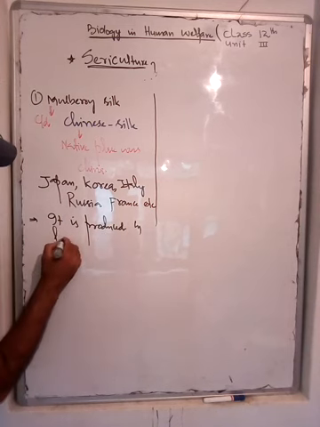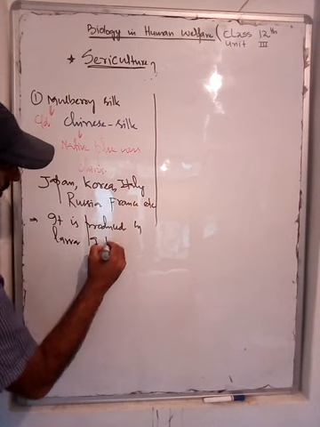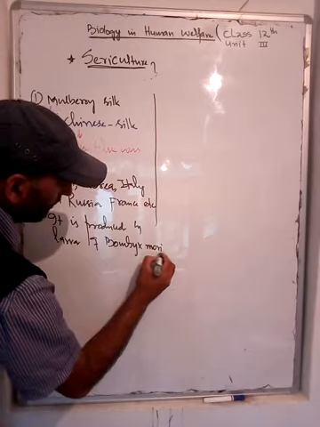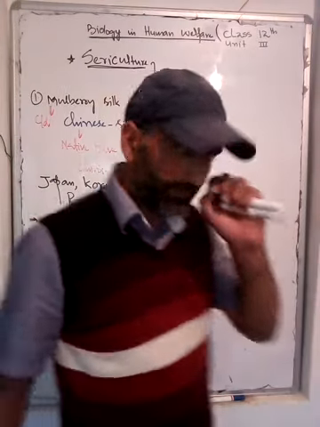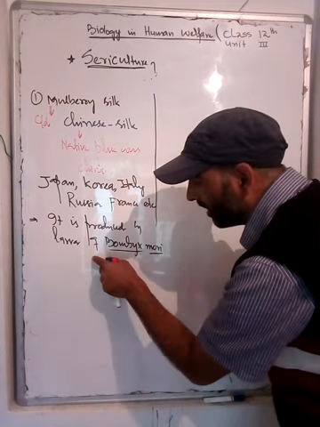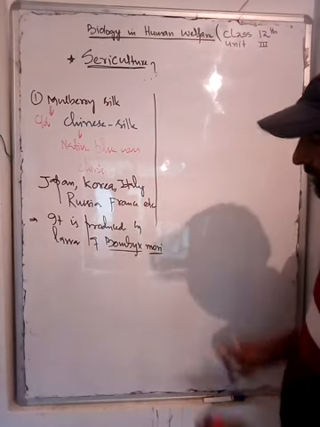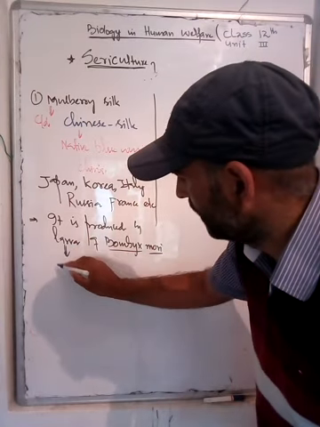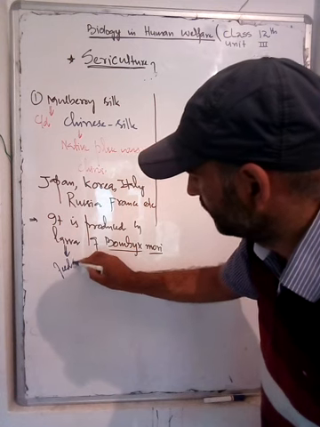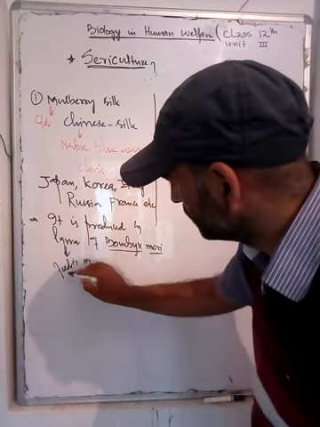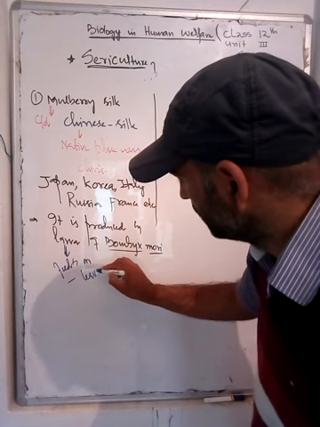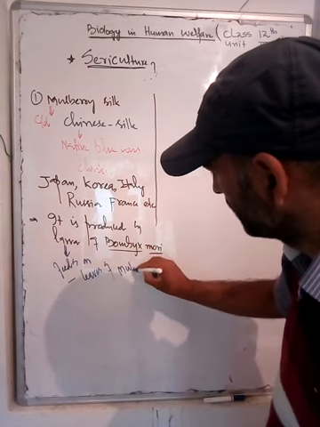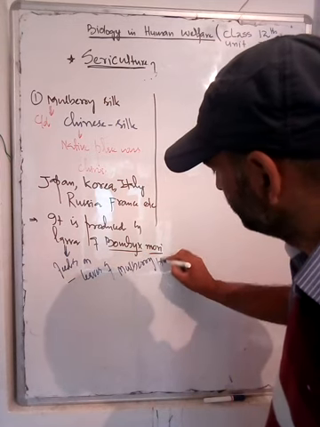Mulberry silk is produced by the larva of Bombyx mori, and this larva feeds on chopped leaves of the mulberry plant.